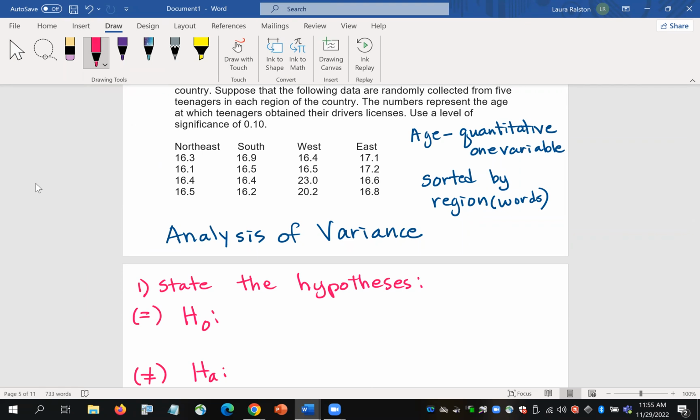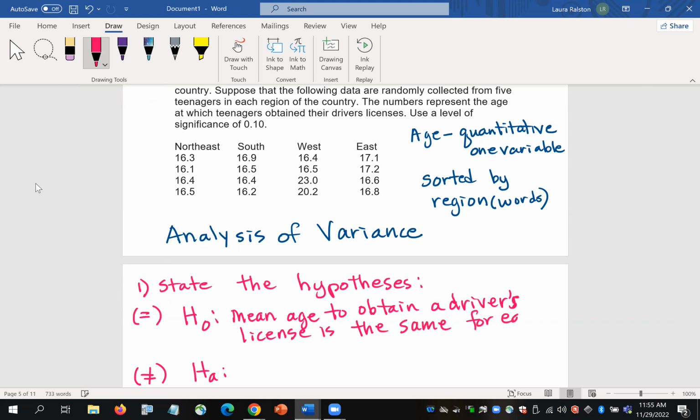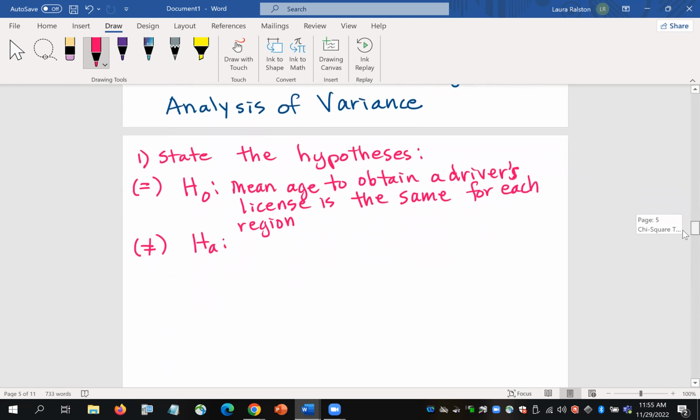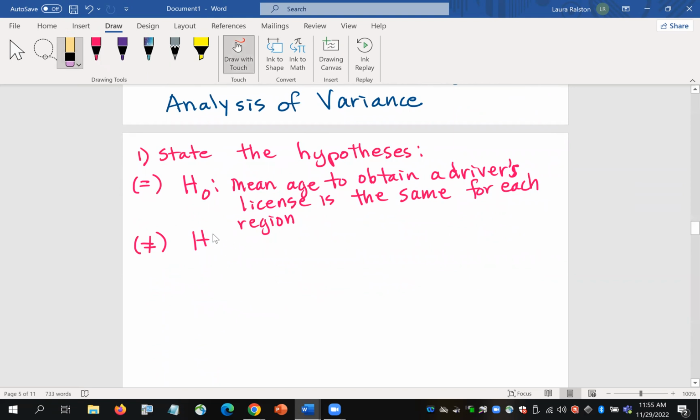So we're saying that the mean age to obtain a driver's license is the same for each region. Okay, the mean age is the same for each region.